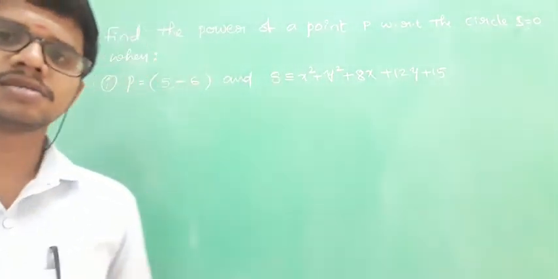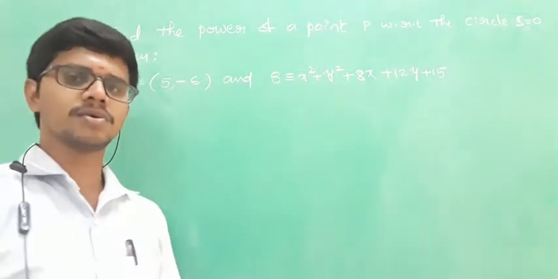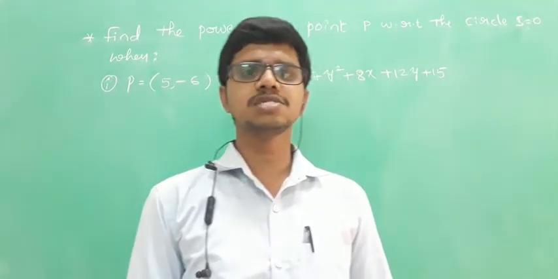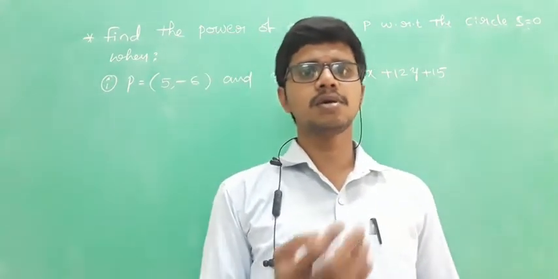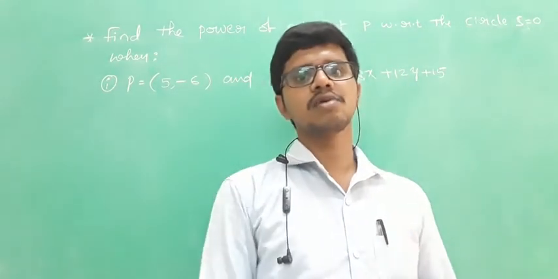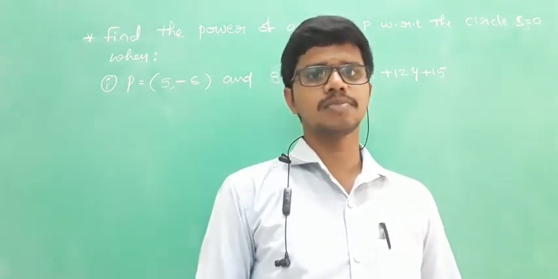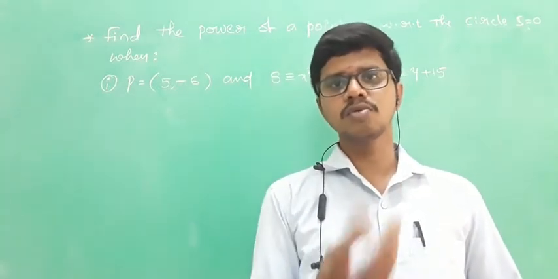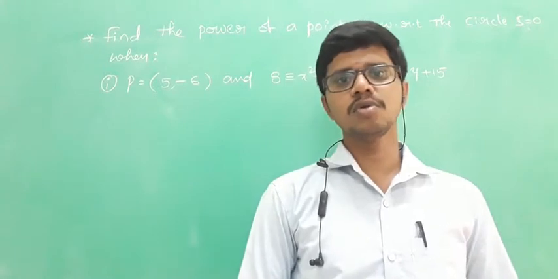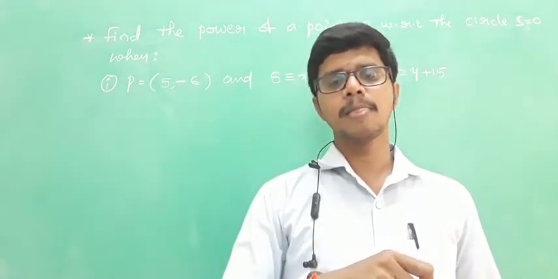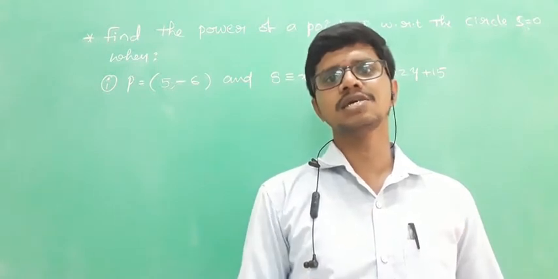How to find the power of a point? In the previous video, we saw how to find the position of a point. The position of a point means the point may be in the interior, exterior, or on the circumference of the circle, and that depends on S11. So S11 is the power. S11 means the square of the distance between the center and the point minus the radius square.